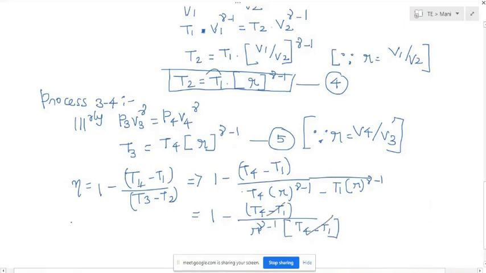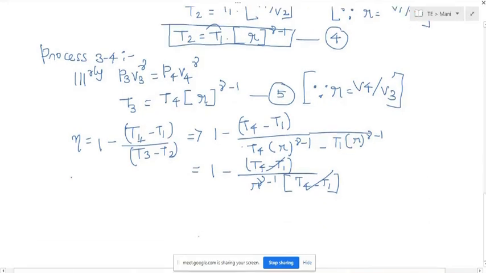The T4 minus T4 term gets cancelled. Okay, then the remaining term is here 1 minus 1 divided by r power gamma minus 1.